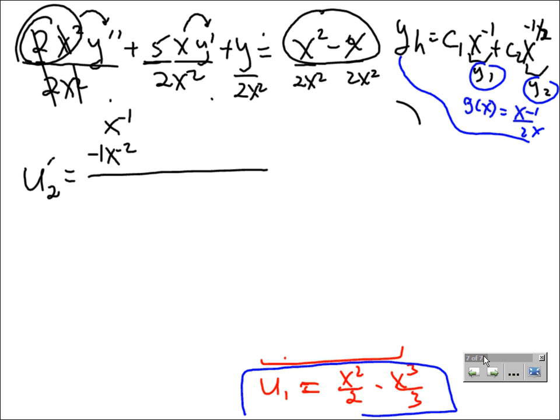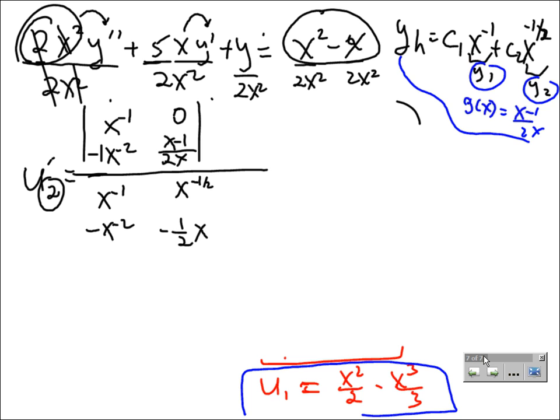And for y2, for the second column, since that's a 2, we put 0 and then g of x, x minus 1 over 2x. And in the bottom, we put y1, its derivative, y2, and its derivative.